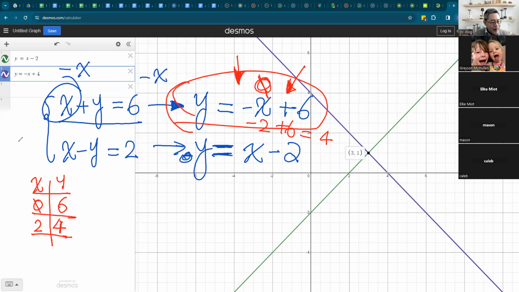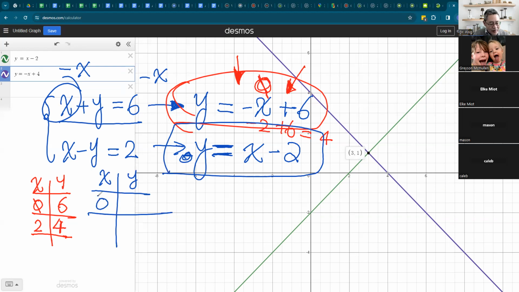So we got 4 here. Okay. Now we're going to look at the other one, the x, y table for the second one. When x is 0, what's our y? Good job, Mason.